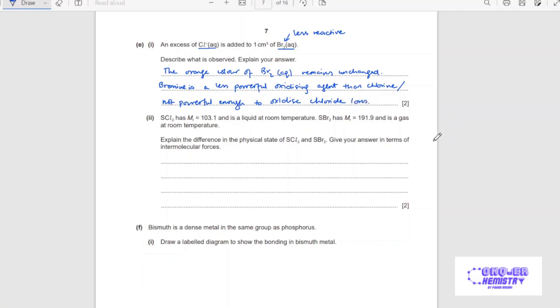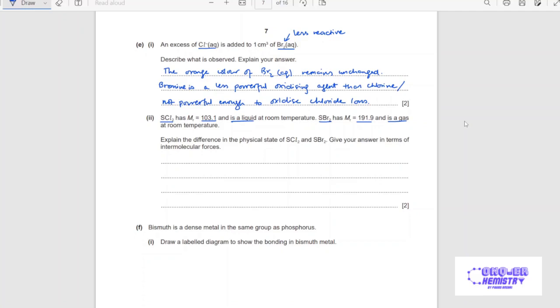All right. Now it says over here that SCl2 has an Mr of 103.1 and it is a liquid at room temperature. SBr2 has an Mr of 191.9 and is a gas at room temperature, right? Now you might be thinking that SBr2 is a heavier molecule. Why is it a gas and not a liquid, right?